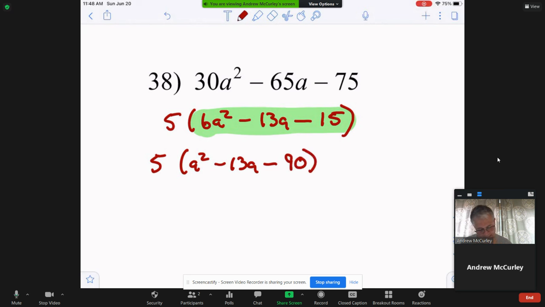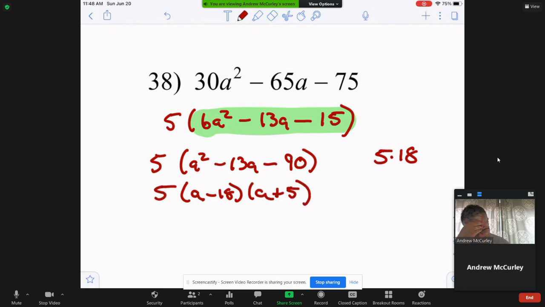All right, so what has a difference of 13? Let's see, 2 and 45, 3 and 30, no. 5 and 18. How about that, 5 and 18? Okay. So this will factor to a minus 18, a plus 5. That 5 still hanging on. We're going to divide both of these by 6. So it looks like our answer is 5 times 3a minus 3, 6a plus 5.